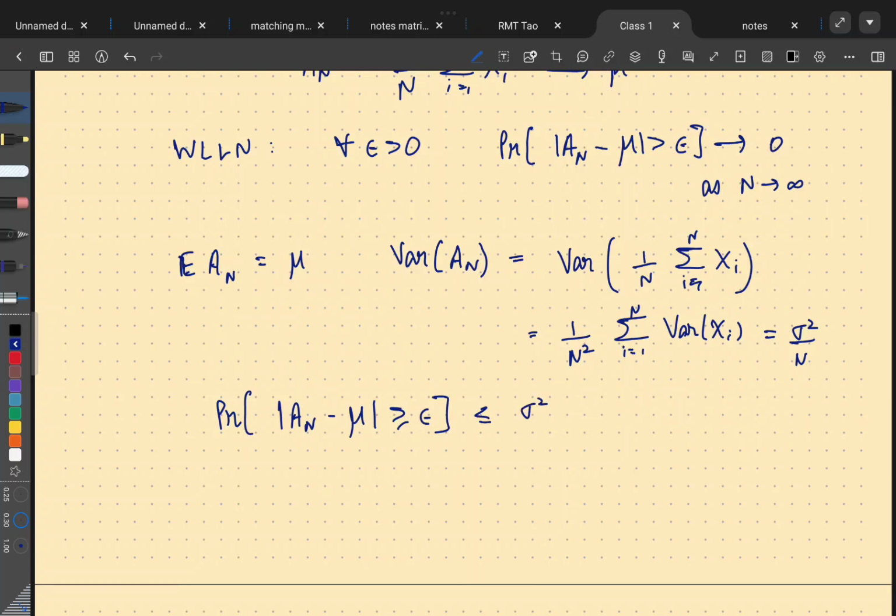So this is less than or equal to sigma square by n divided by epsilon square. Basically this tells us that this converges to 0 as n tends to infinity at a rate of 1 by n.